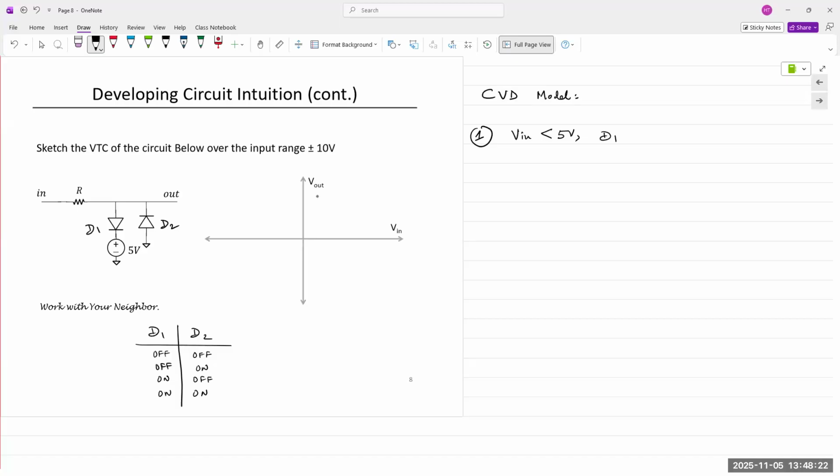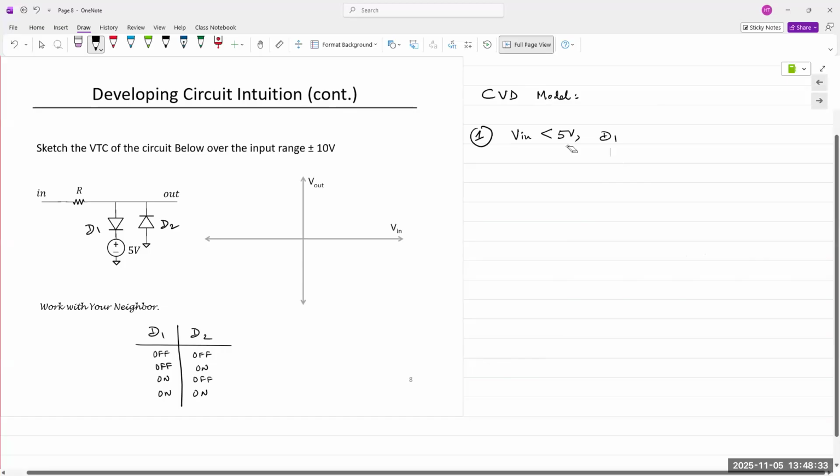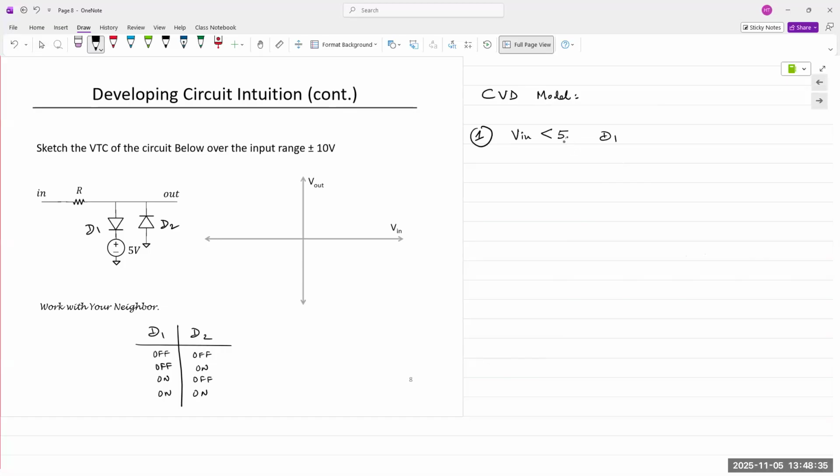Is D1 on or off? No one? Off. It's off. Actually, it's 5.7 volts, because the diode requires 0.7. But anyway, D1 is off. Right? What about D2? What about D2?